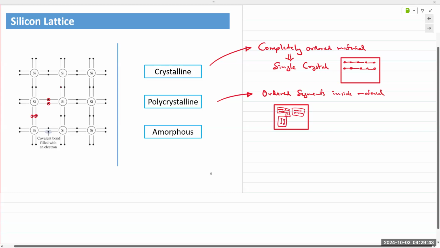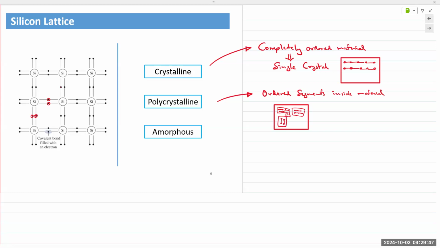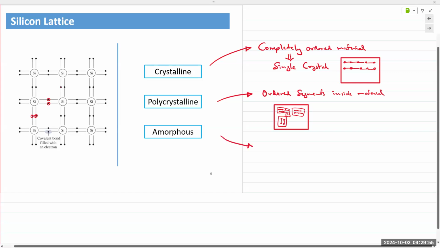Okay, so ordered segments within a crystalline material. So the structure is repeated, but not quite single crystal. And amorphous has no ordered structure whatsoever.